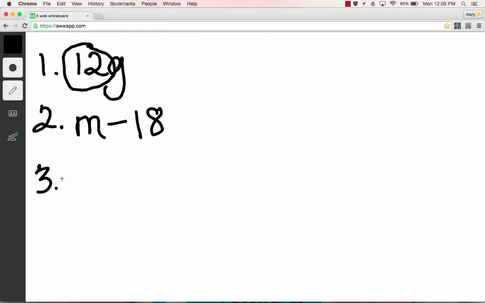Number 3, I have a number r increased by 20. Now this is that one we talked about in class where I know that adding 5 plus 2 and 2 plus 5 is the same thing, but I think that there is a way to write it that is more accurate that I want us to get used to.